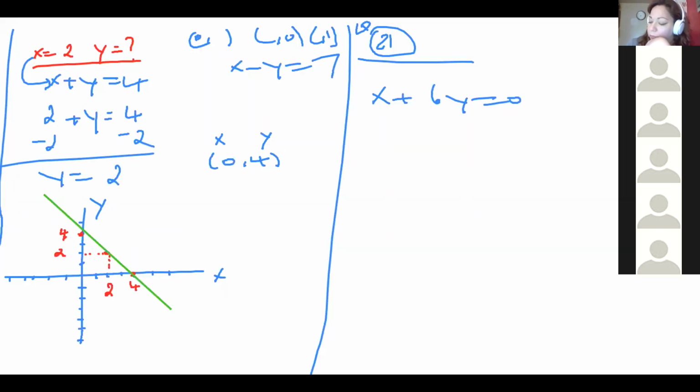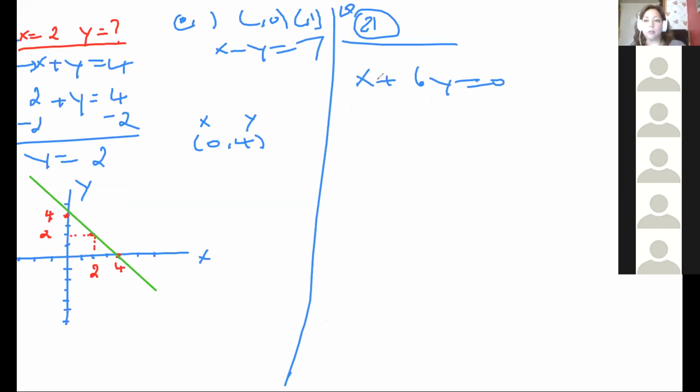It just says graph it, and it says find the X and Y intercepts.